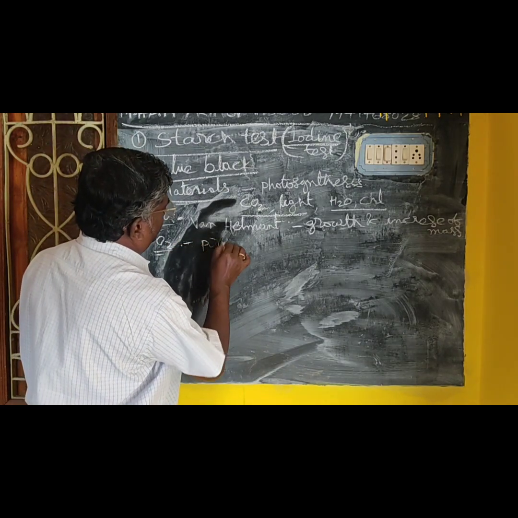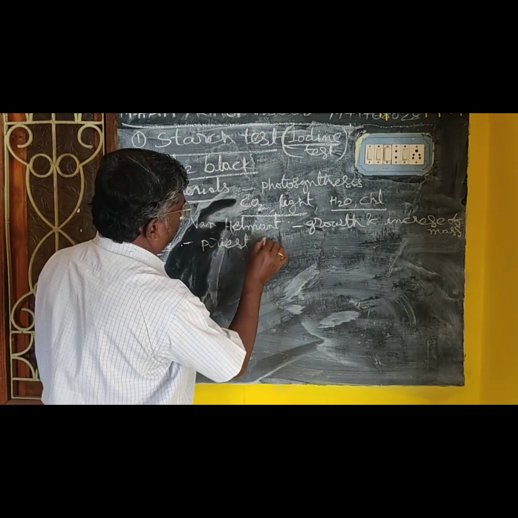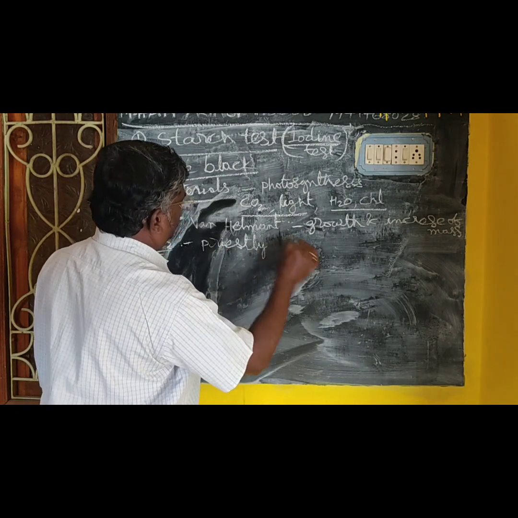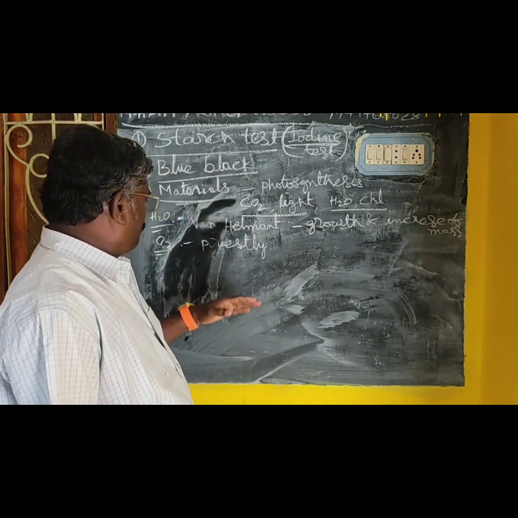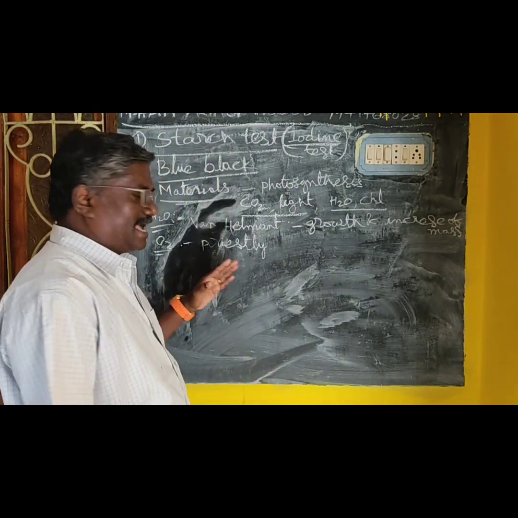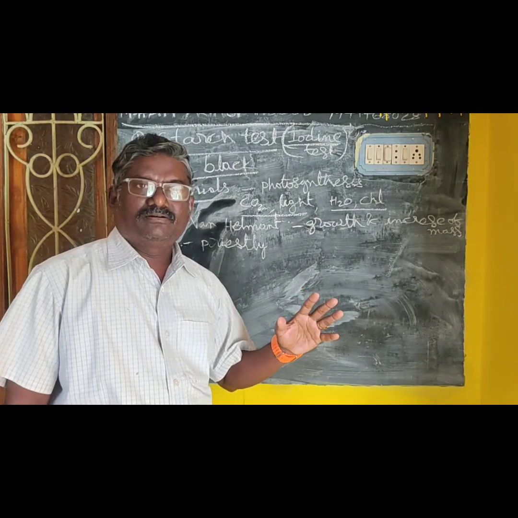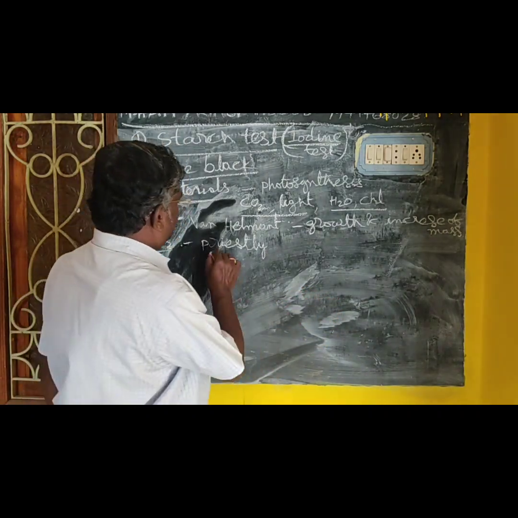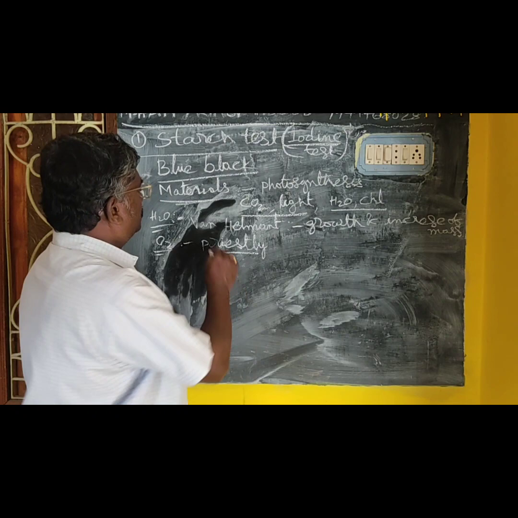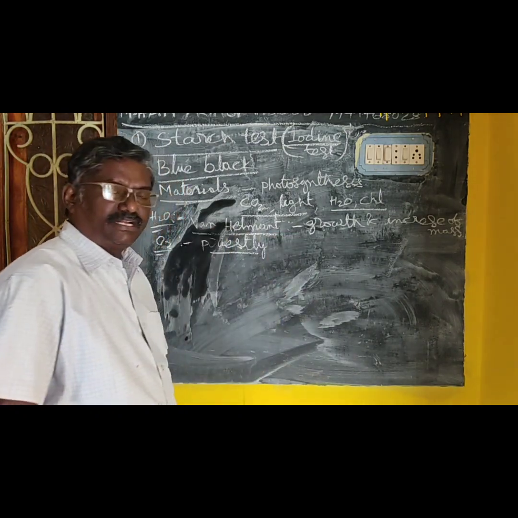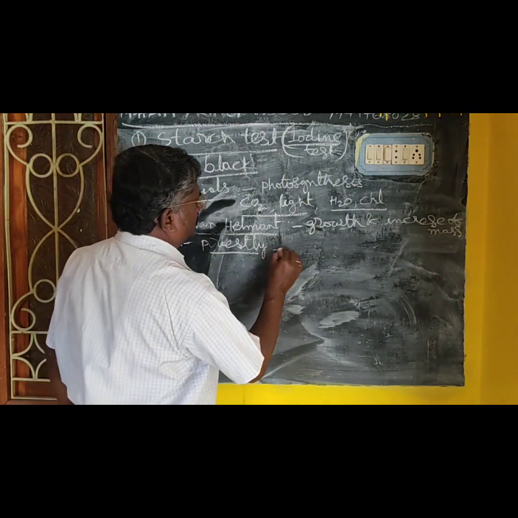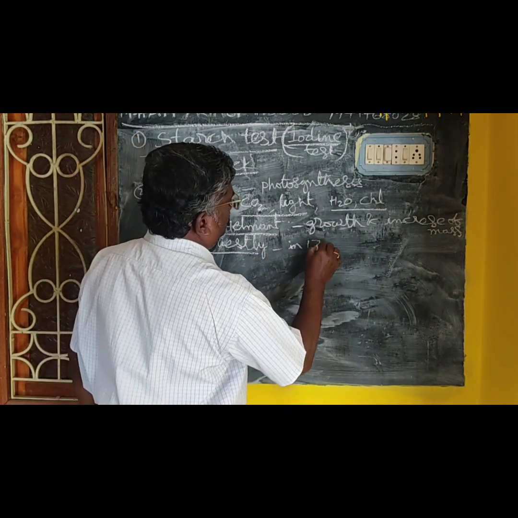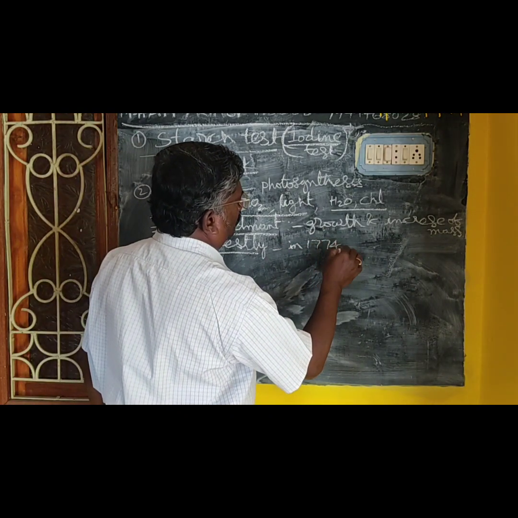Priestley, the scientist, found the gas. Priestley discovered oxygen in 1774.